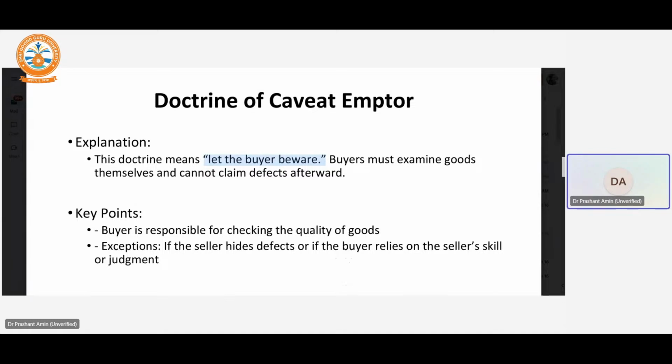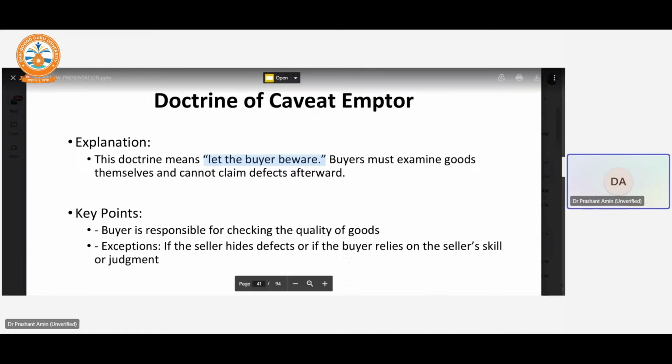It means that when the buyer is purchasing the goods, it is the responsibility of the buyer to see, examine, and make sure that the particular good is fit to buy and performs whatever it is meant to perform. So that is caveat emptor, a Latin term which means let the buyer beware.